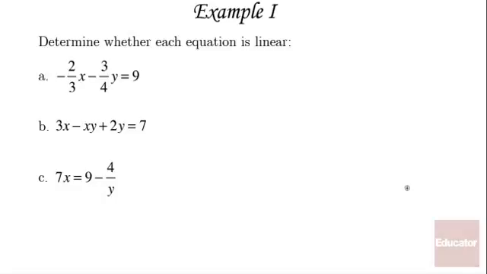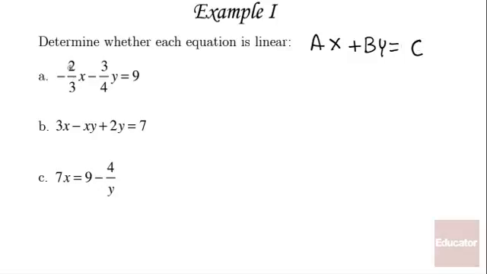In our first example, we're going to determine whether each equation is linear. Okay, this first equation I have, letter A, is negative 2/3 x minus 3/4 y equals 9. Remember the definition of a linear equation: a linear equation can be written in standard form, and standard form is ax plus by equals c.